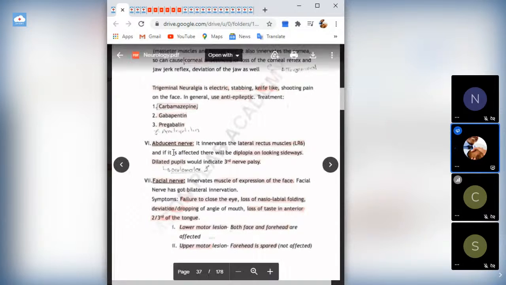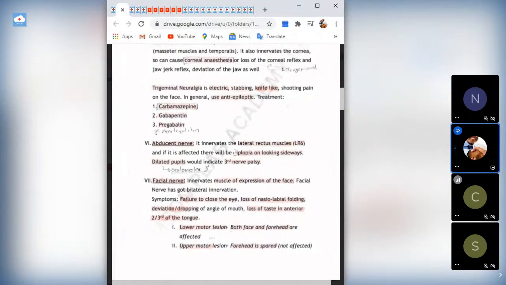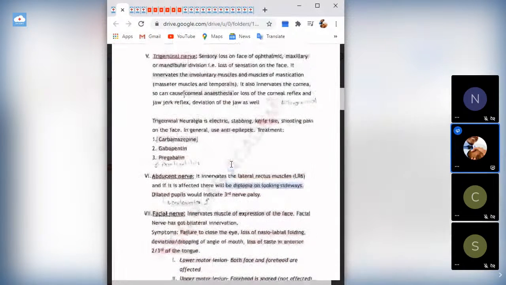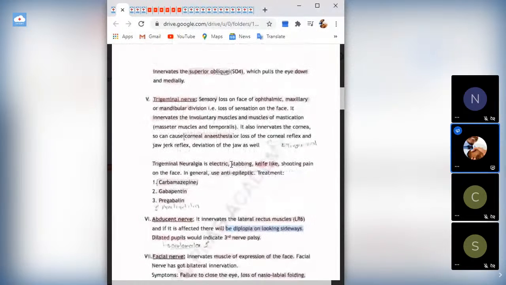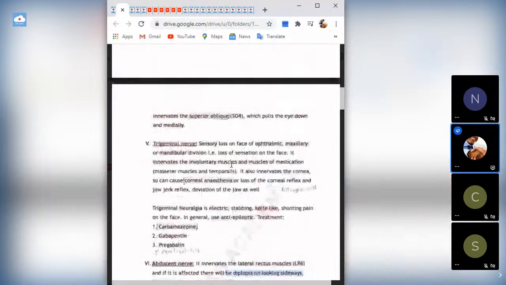So diplopia on looking sideways. Dilated pupils will indicate third nerve palsy, like we mentioned, of course. Okay, so without explanation, I think we are done with those three nerves.